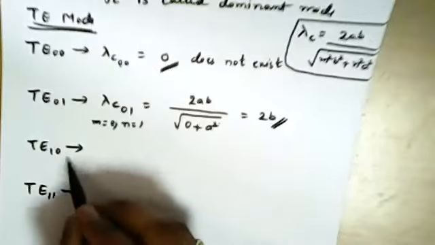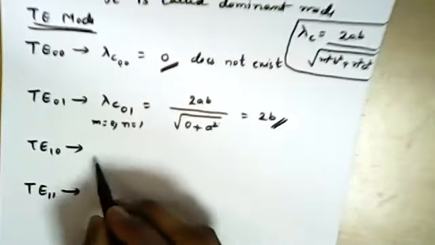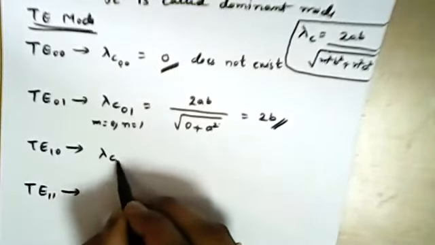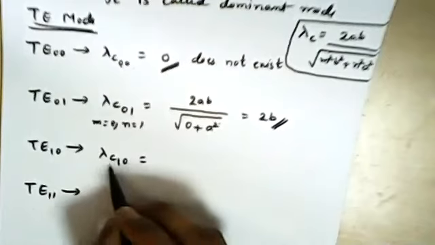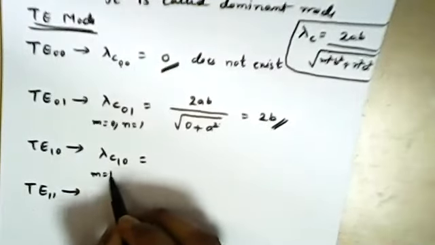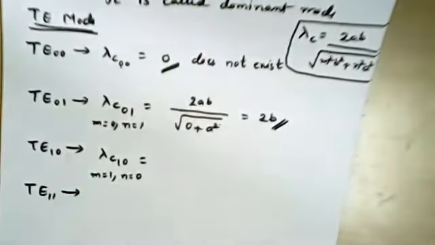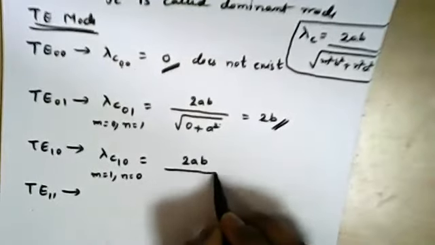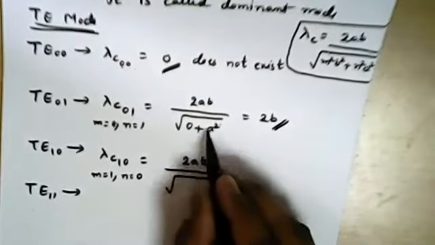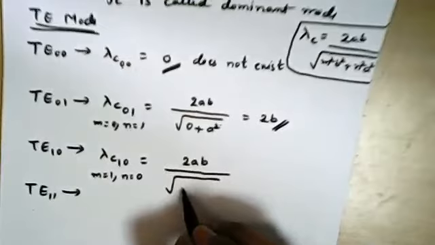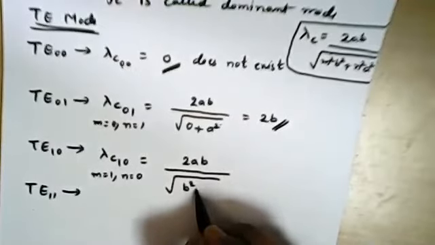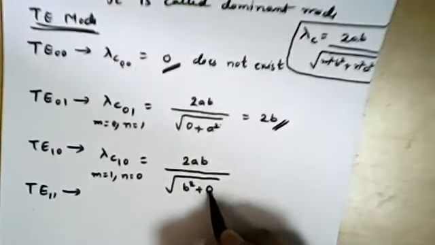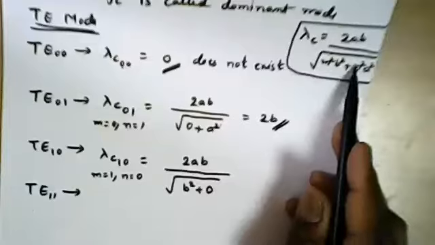Now we are going to calculate for TE10. For that, lambda c10 will be equal to, where m is equal to 1 and n is equal to 0. Substituting in this expression, it is reversed compared to the earlier one. Here we get the value b square, and the other term is 0 because n equal to 0 in n square a square.